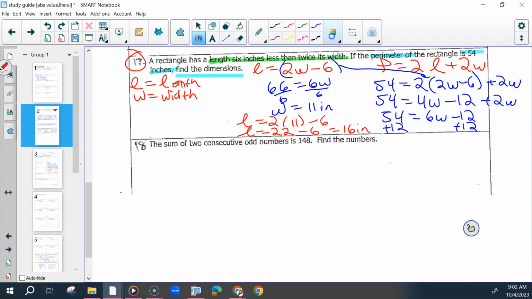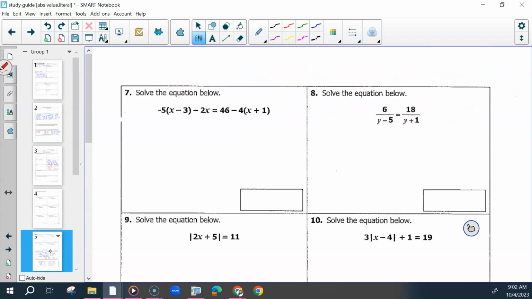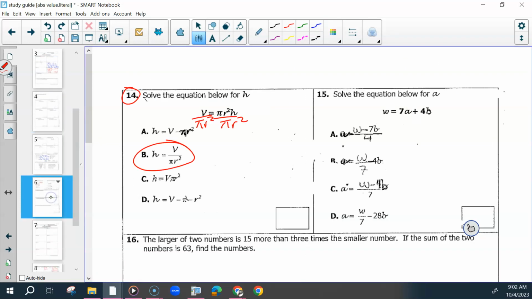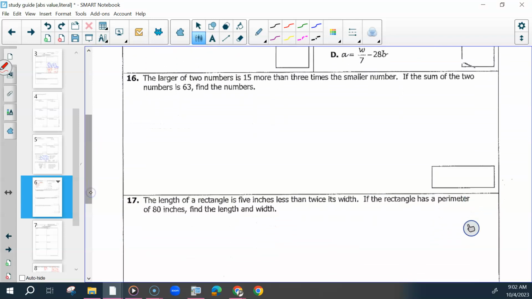Or on the page where we did the literal problems, 16 or 17. So this will be the last one, and then I'll get you guys started on the quiz.